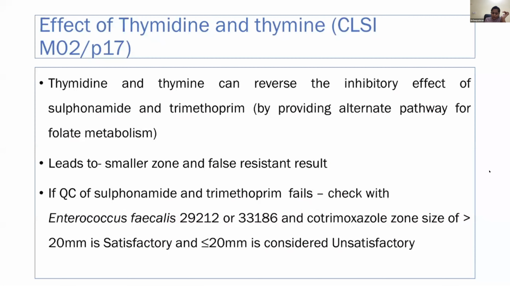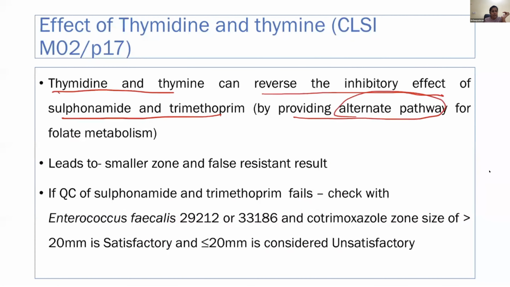Now there is a table which I'm going to show you a little later, which summarizes all the important aspects. This we have already seen: thymine and thymidine reverse the inhibitory effect of sulfonamide and trimethoprim by providing an alternate pathway for folate metabolism. So this leads to a smaller zone, or false resistant results. In the option, it was false susceptible result. In your day-to-day practice also, if your results are not consistent, you can always go back and look at all these aspects.